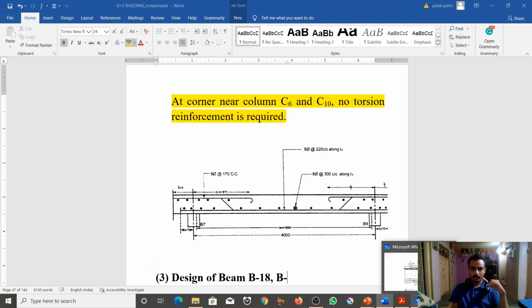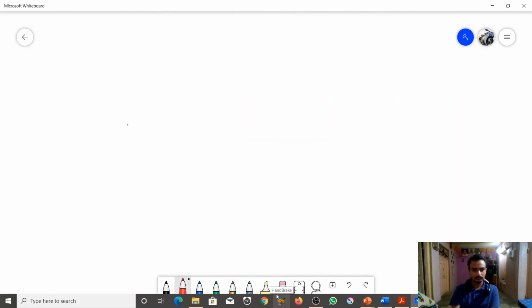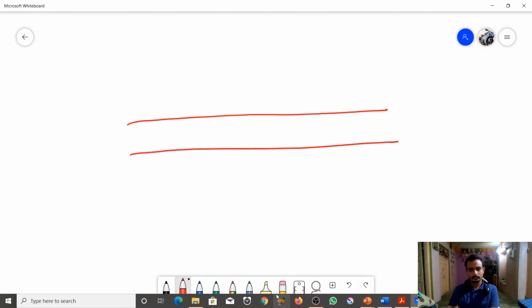Now this graph is drawn. This is the two-way slab.